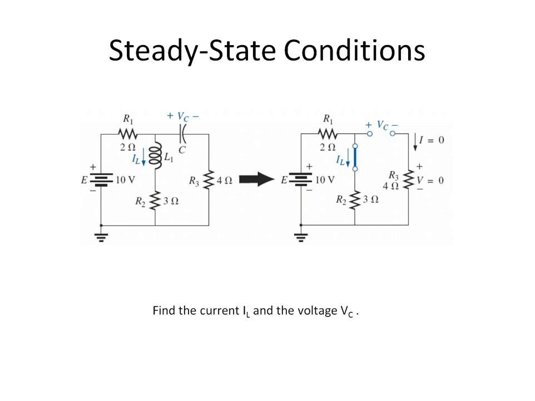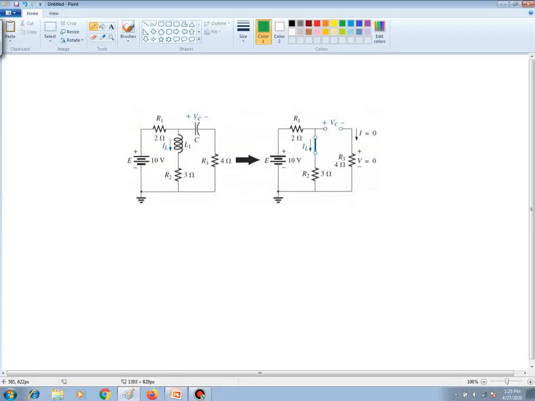In this exercise, we are asked to find the current I sub L and the voltage V sub C. Once steady state conditions have been reached, the capacitor is acting as an open and the inductor is acting as a short.